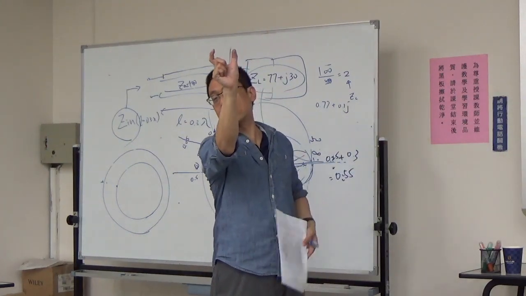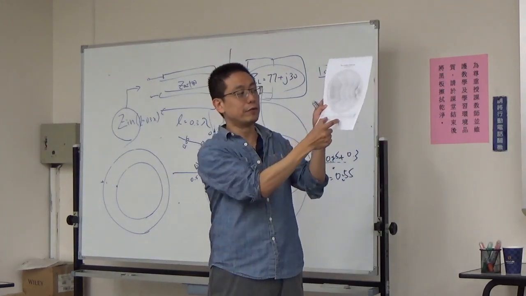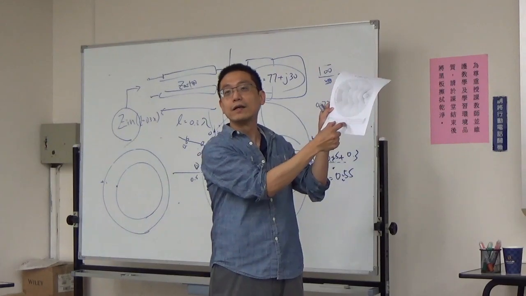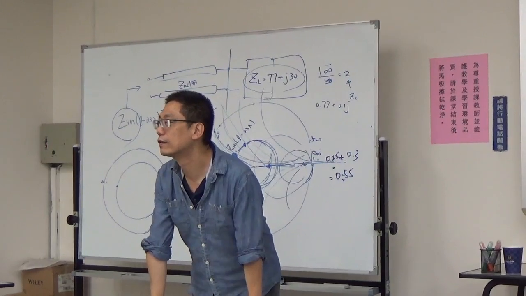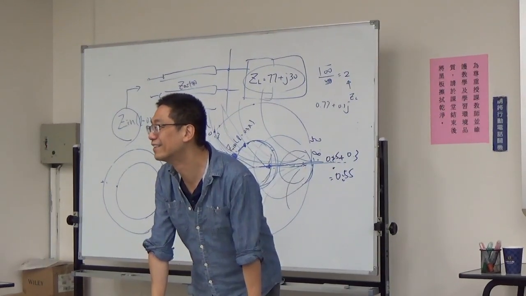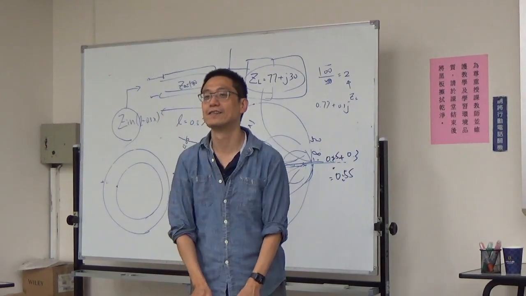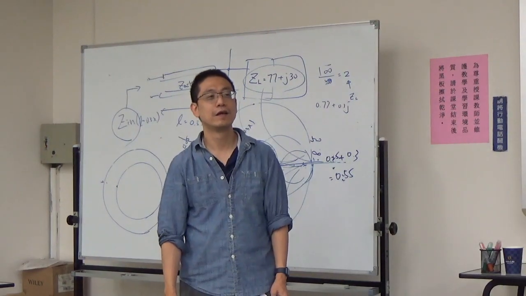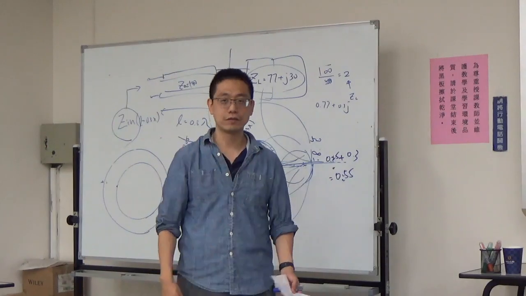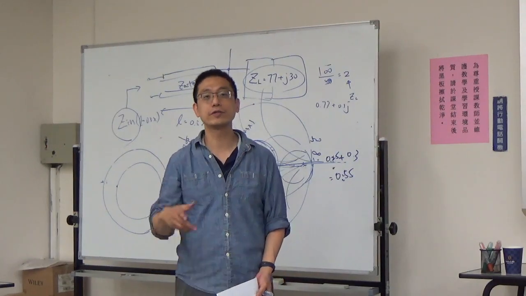You put the same radius on the ruler at the bottom and then check the reflection coefficient. Too much, huh? Okay. Okay, I think it's finished for today.